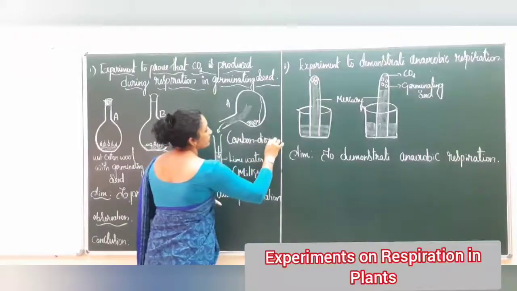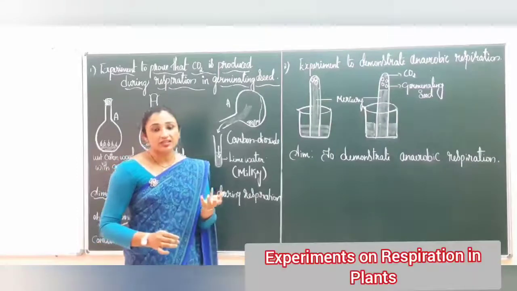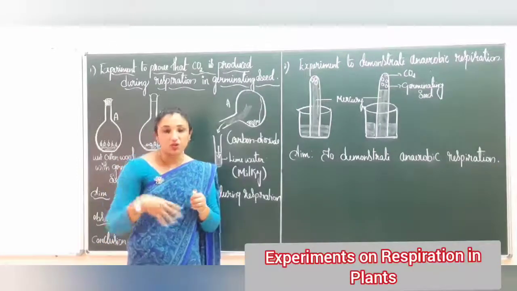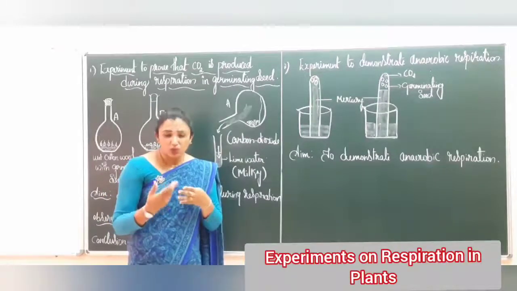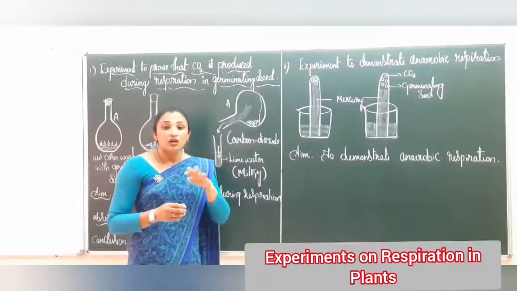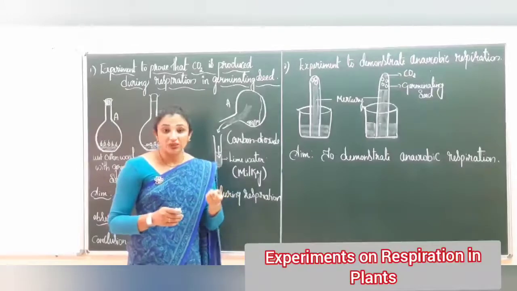Carbon dioxide. Students, I hope at one time or another you have cut a lemon, and if a small drop of lemon falls on the floor or on the slab, after a few minutes, if you observe, it will turn white. Though it is transparent, it will turn white.